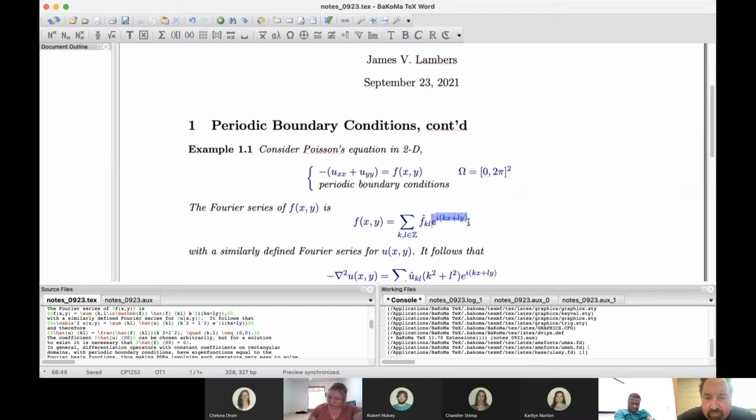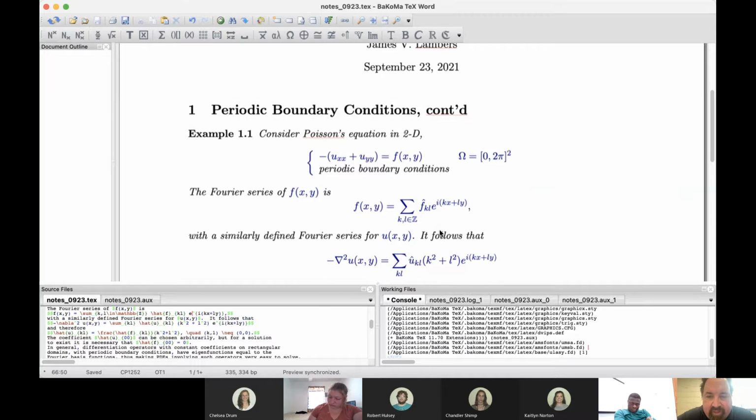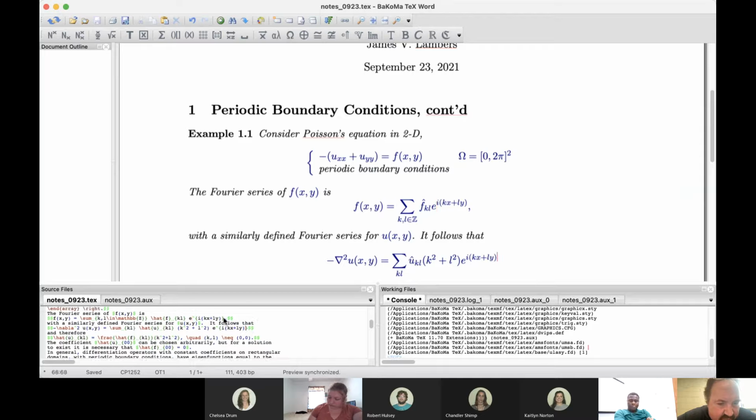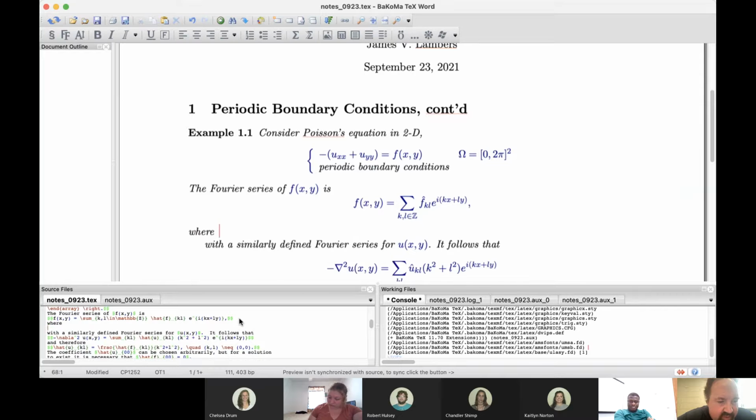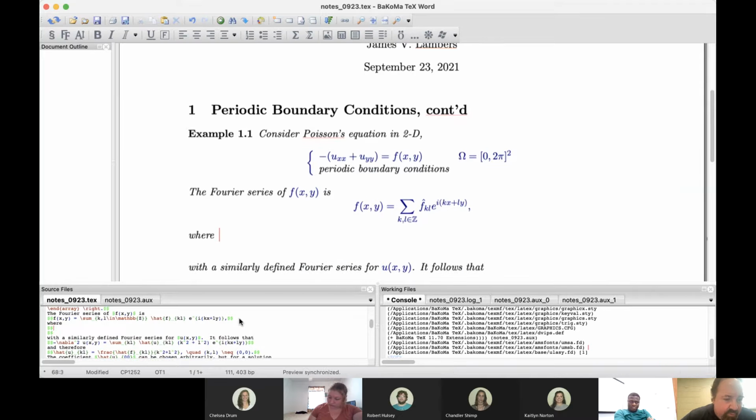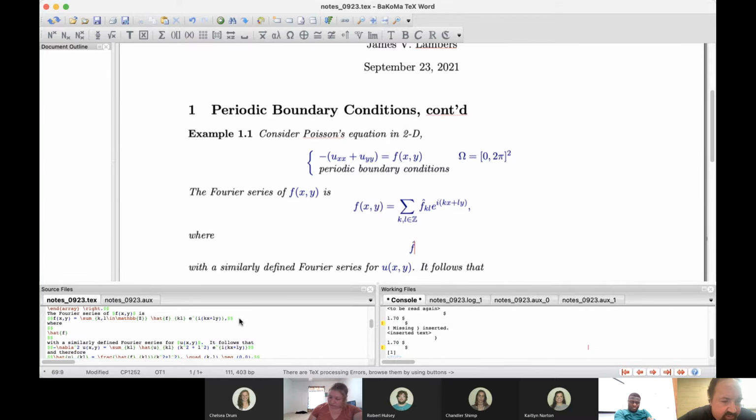We have these two-dimensional complex exponentials, and then Fourier coefficients that have two indices. And actually, I'm going to fill in the formula for the Fourier coefficients.